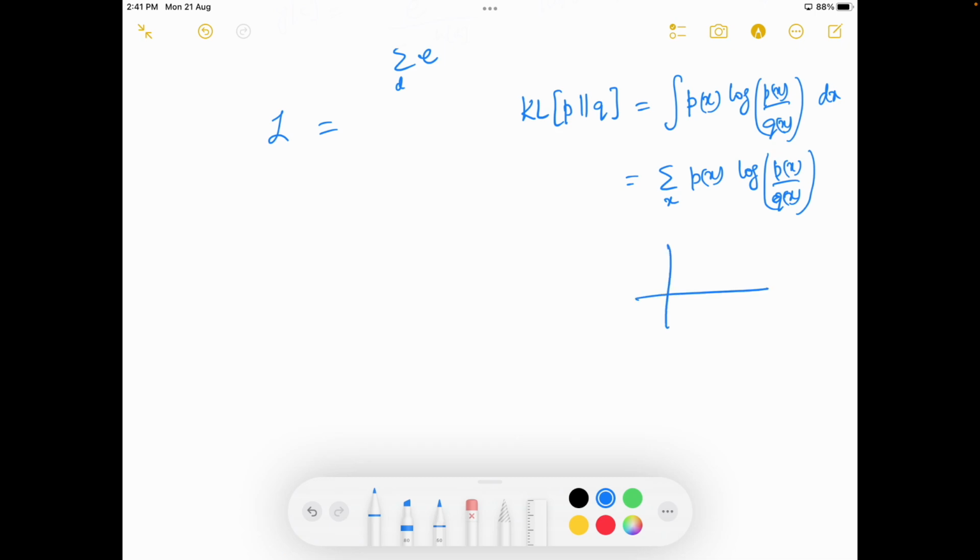Jensen's inequality basically says if you have a convex function, then you take these 2 points, x1 and x2.